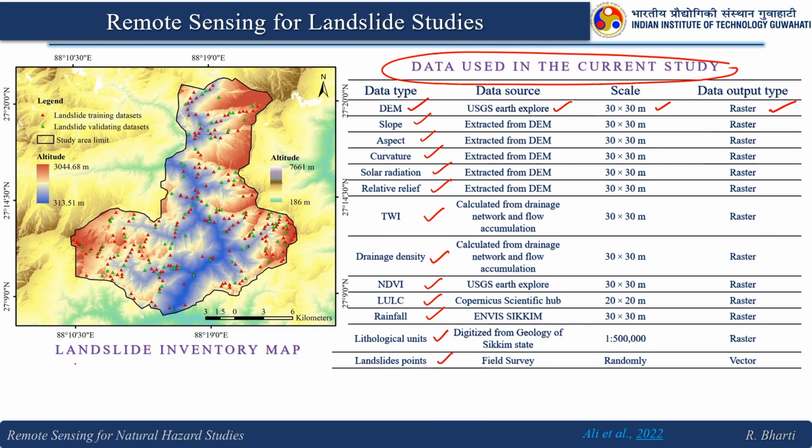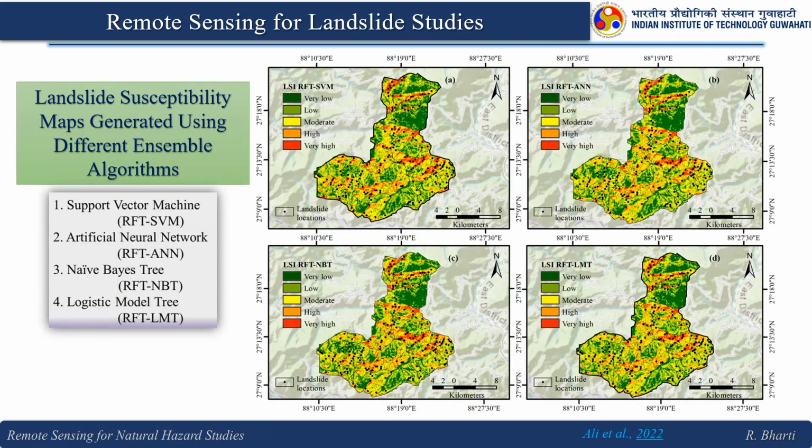And this is the landslide inventory map. Here you have landslide training data set and landslide validating data set, and the altitude varies in this region between 313 to 3044 meter.